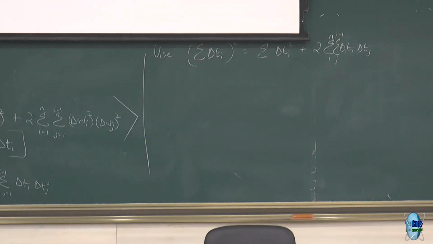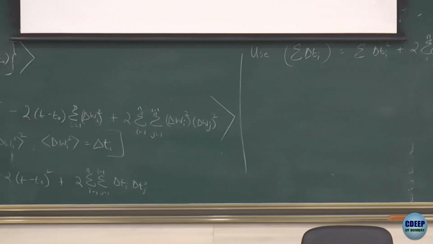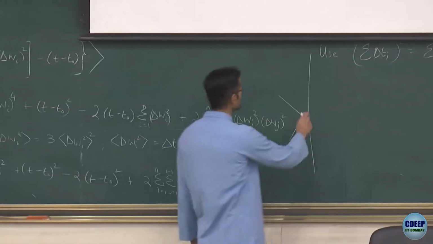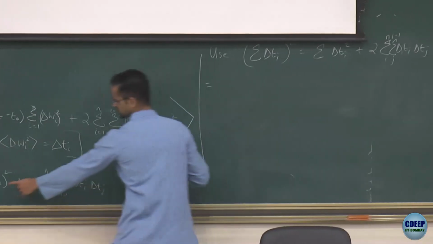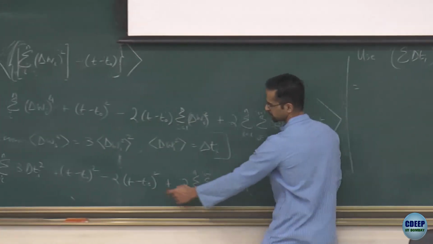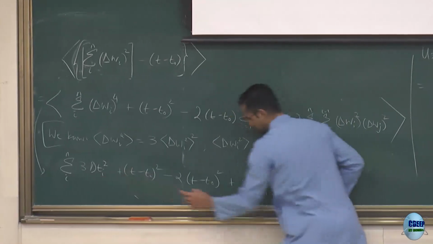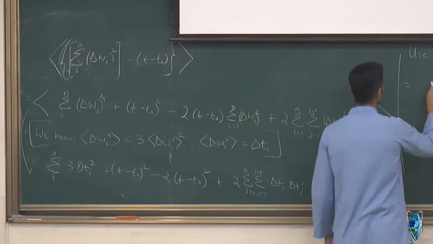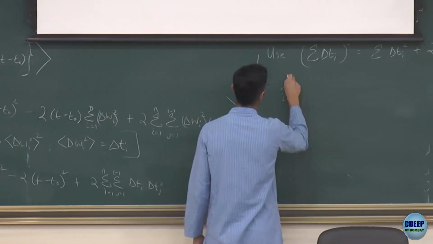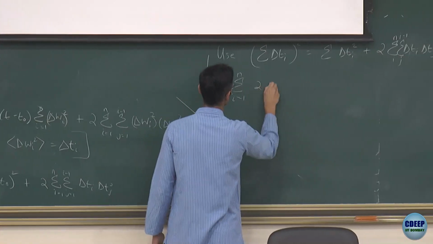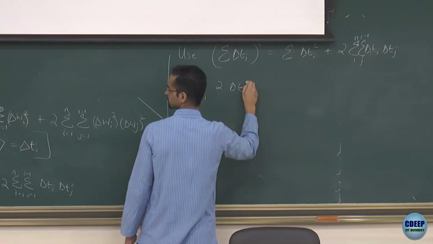So I can move one of these along with this and I'll get summation delta T the whole square, but that is just T minus T naught the whole square. After I use all of that, this minus 2 will cancel with this and with the T minus T naught square coming from here. So in the end, I'm just going to get summation of 2 times delta T i square.